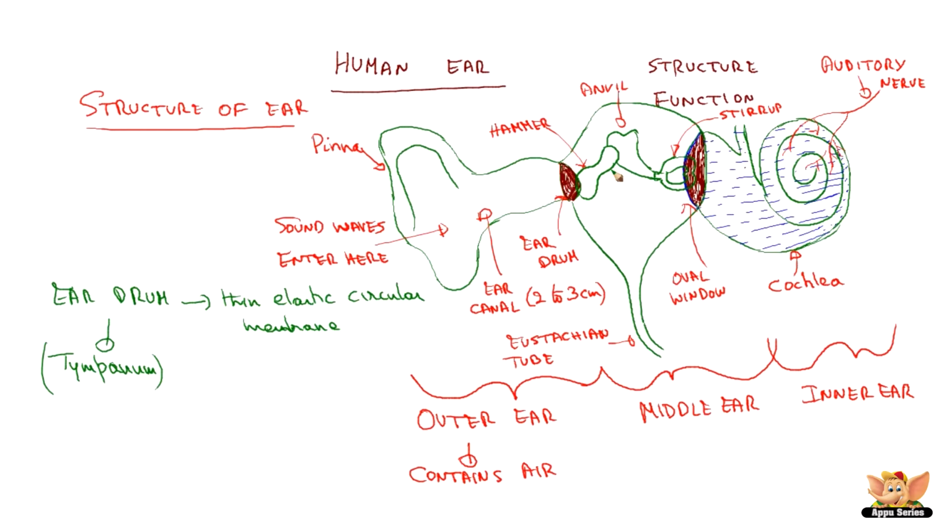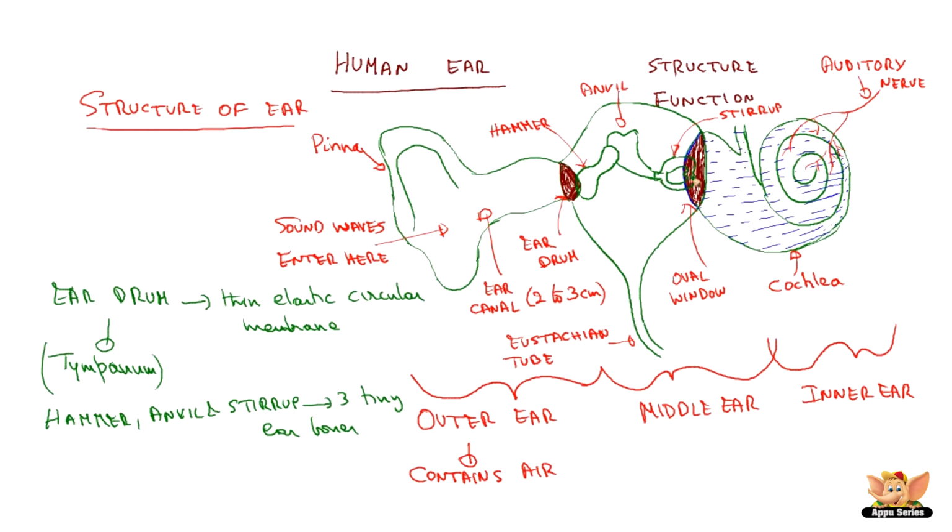What the middle ear consists of is 3 tiny bones. They are called the hammer, anvil and stirrup. These are the 3 tiny ear bones, and they are attached to the oval window.